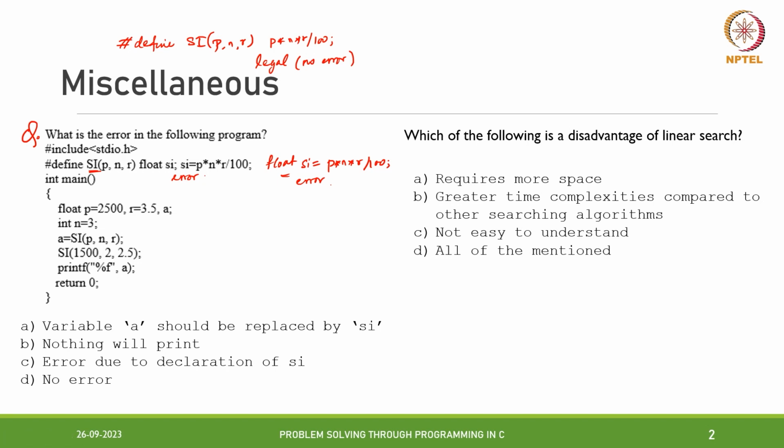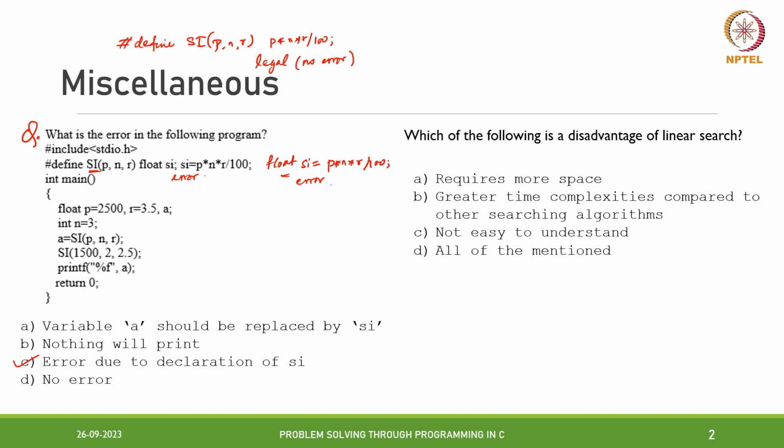If we write float si and define si at all, this declaration of si is the error here. Okay, so the answer was correct, but the problem is not with the curly braces, it is with the declaration of the si, which is this small si.